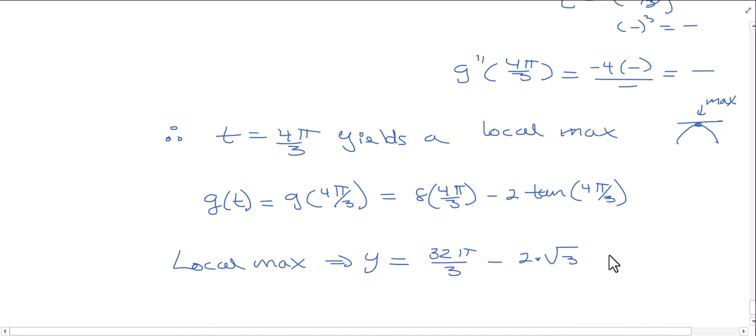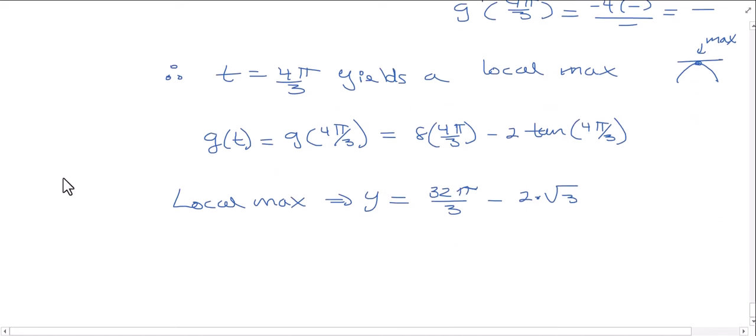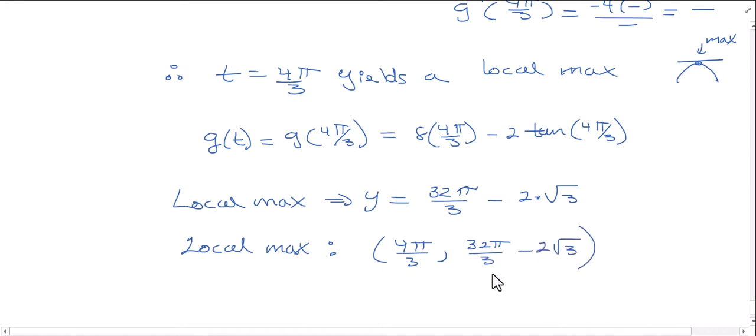Since sine and cosine are both negative in the third quadrant, sine over cosine is positive. And so this will be your y value. So the local max will be the point with t value 4 pi over 3, and the y value will be this, which is not very nice to write. So that will be the local max.